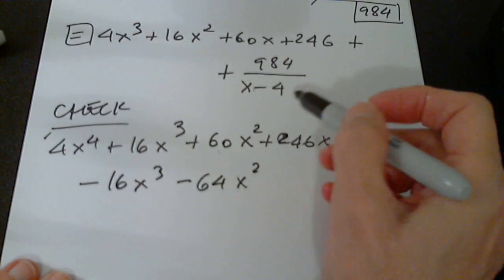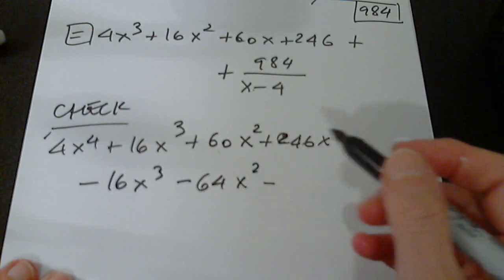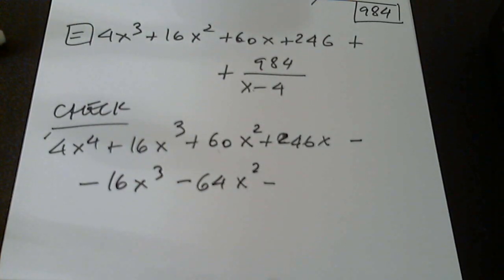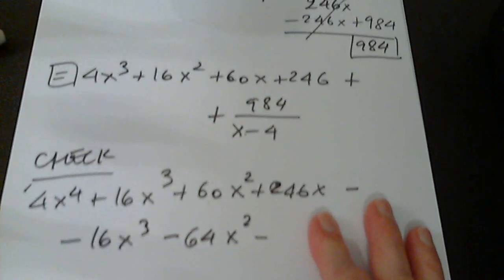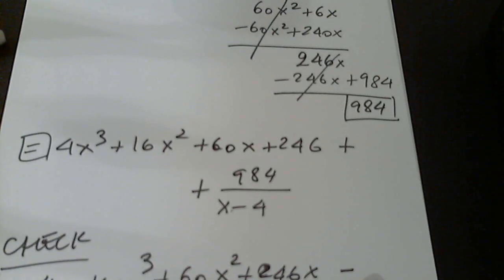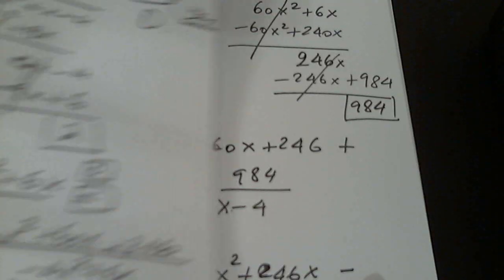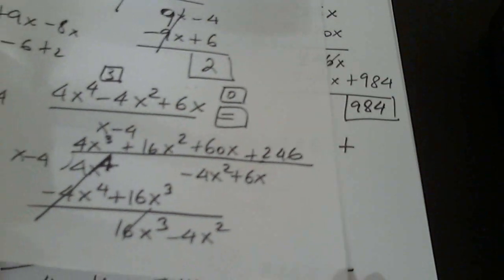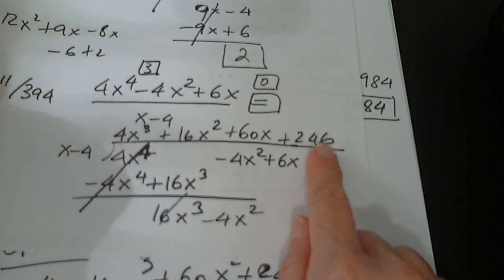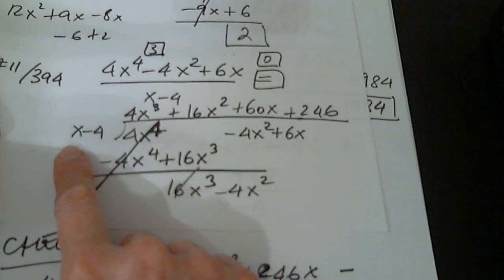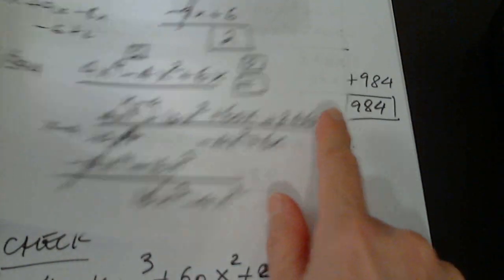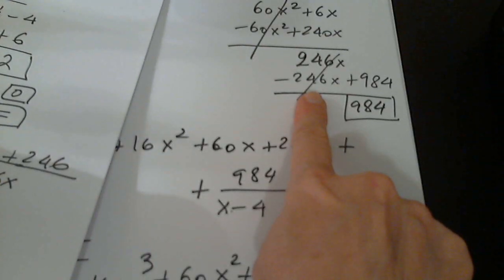minus 64x squared. I got a question, Professor. Yes. The 246 that you got, why was it not 246x? Because it was 246x. So 246 times x, and then times negative 4. Yes, so it was negative 246x.